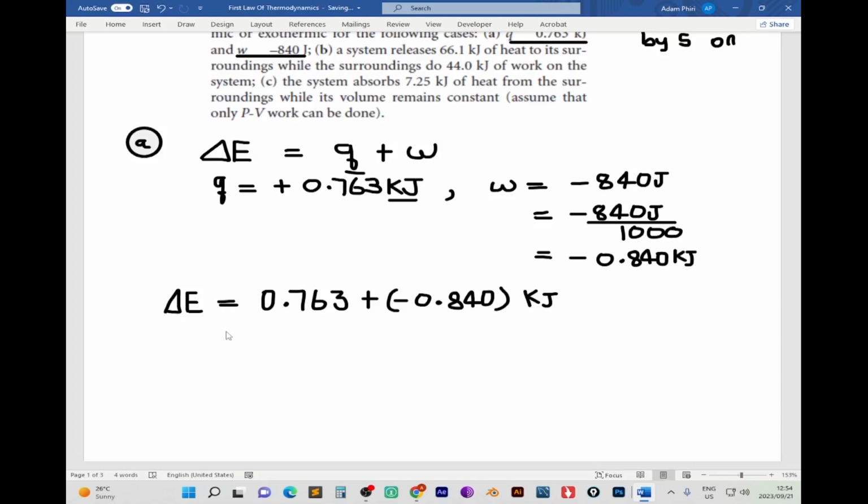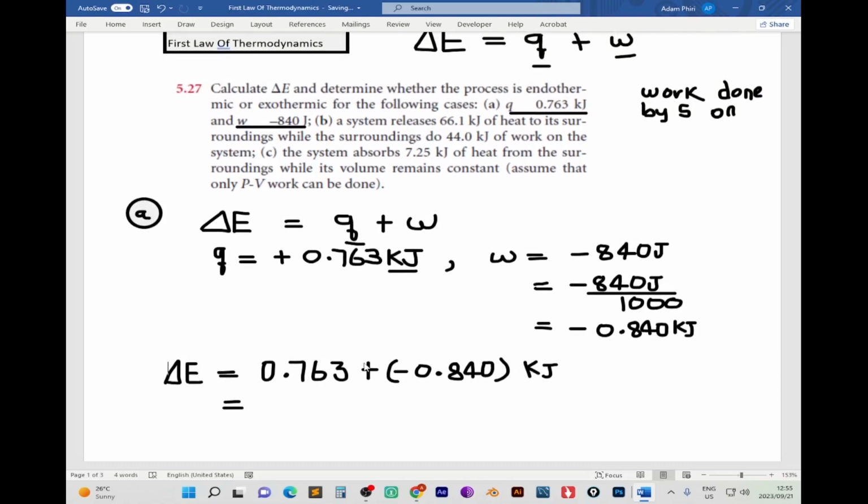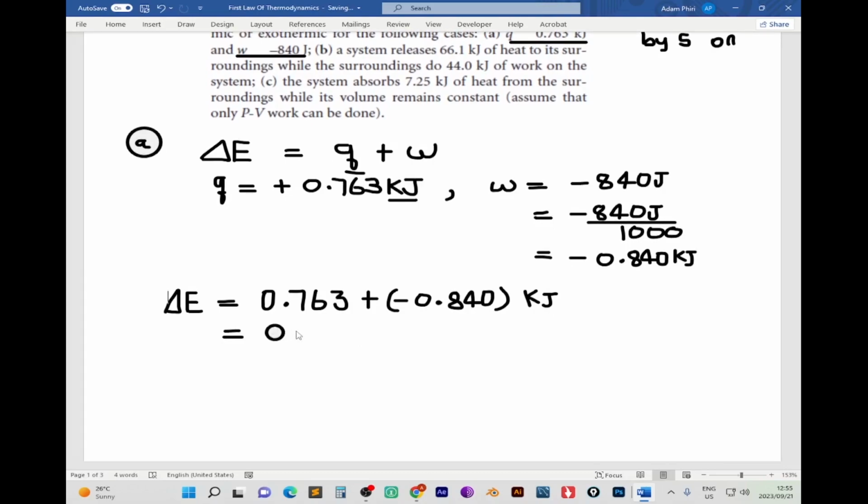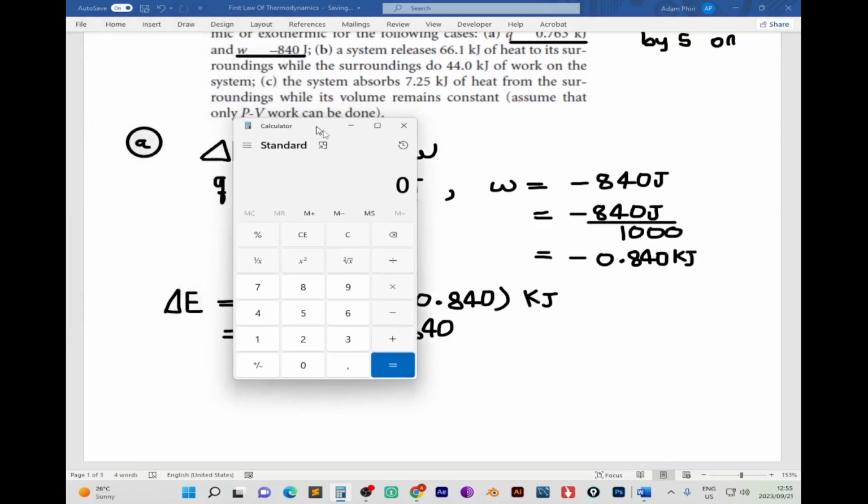That's 0.763, plus negative 0.840. Let's do that calculation.